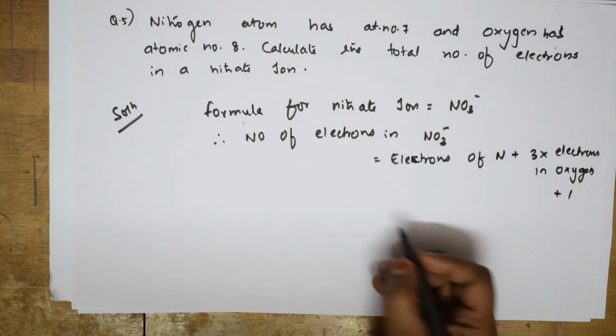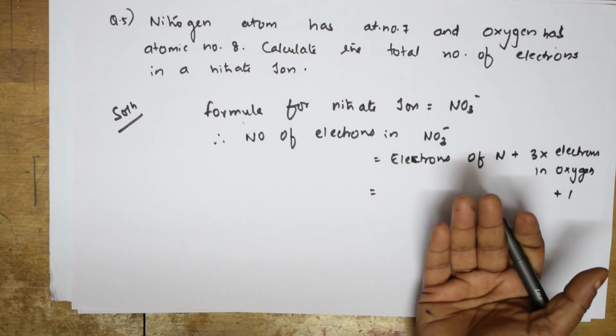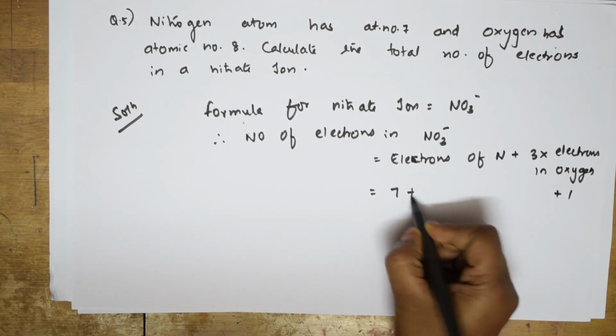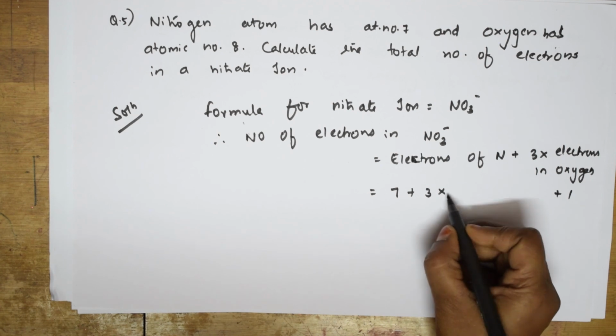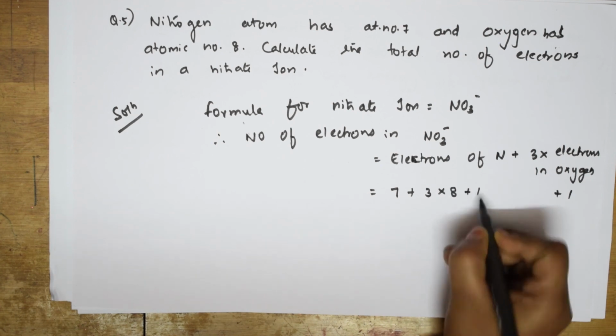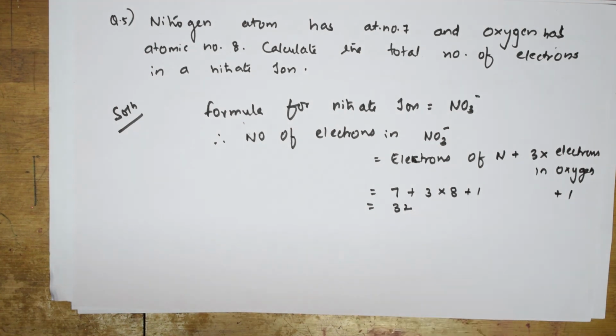The atomic number is the number of protons or electrons: 7 plus 3 into 8, plus 1, which totals 32. Fine. Right, so this is a simple sum. Hope the concept is clear, students. So let's come back and do the next sum.